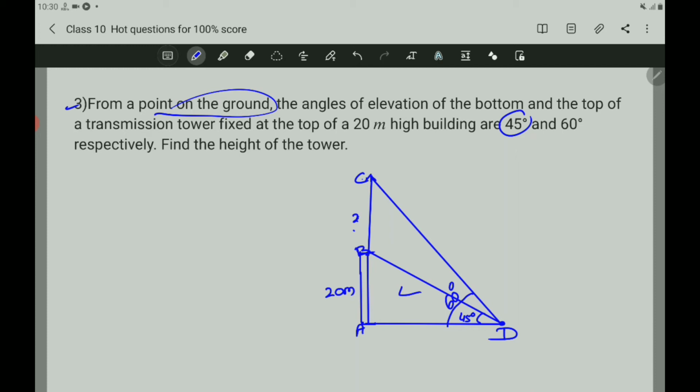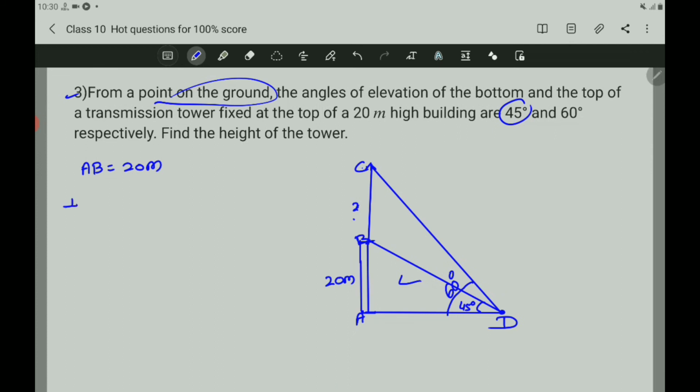Write here AB is given, that is 20 meter. In right angle triangle BAD, you take the angle 45 degree. To that angle, AB is the opposite side and AD is the adjacent side.